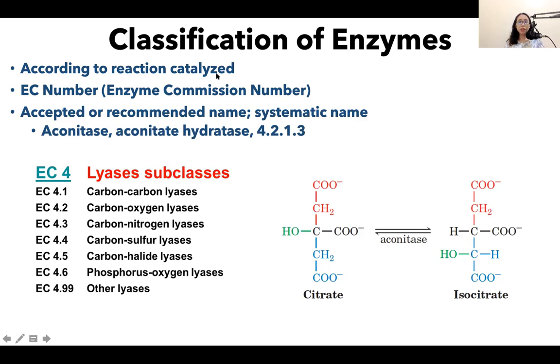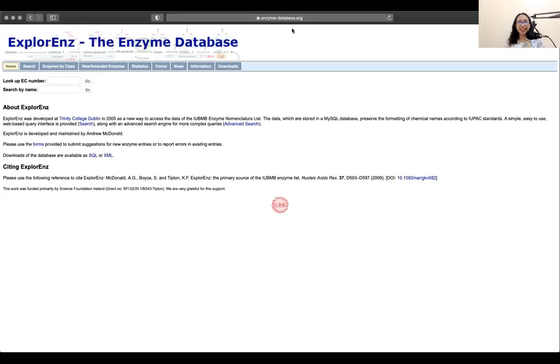Now you can actually check a website. If you go to enzyme-database.org, this is where you can find your enzymes by class.